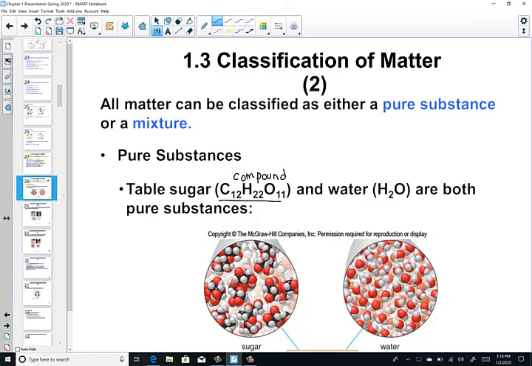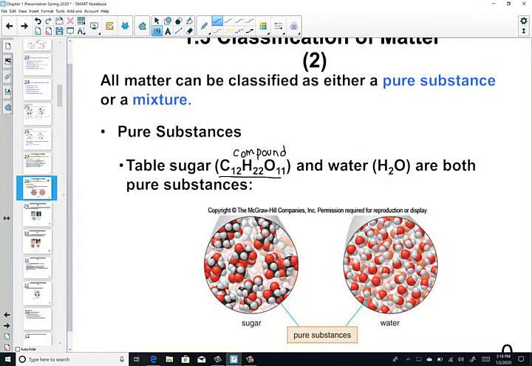In table sugar, I can see a constant composition of 12 carbon atoms, 22 hydrogen atoms, and 11 oxygen atoms, no matter where the source of table sugar, which by the way is called sucrose for its chemical name.